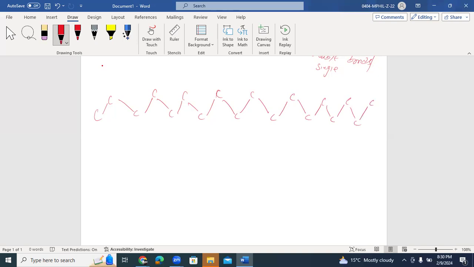These are the 18 carbon atoms which are present in case of stearic acid.